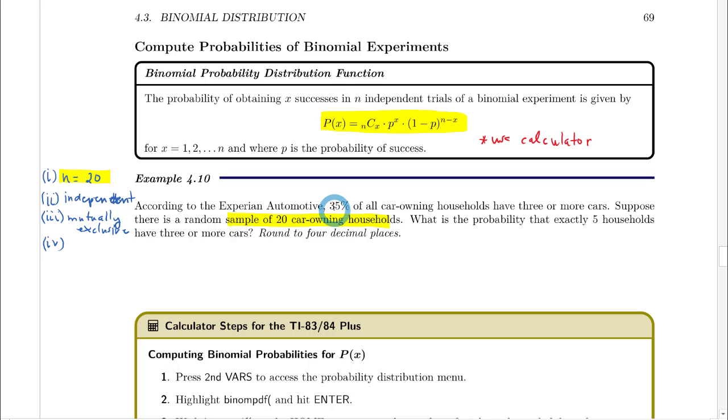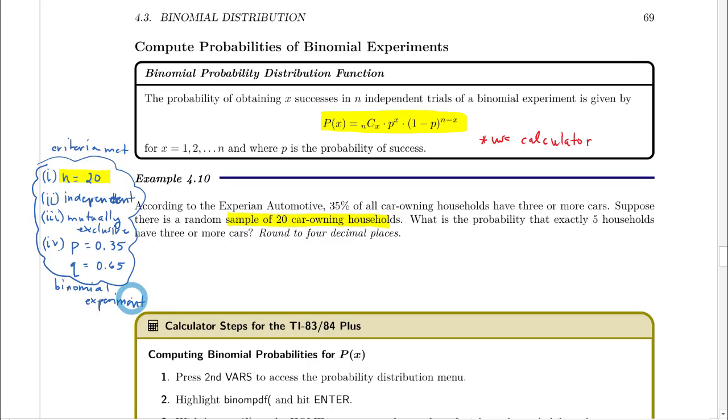So the probability of success, meaning the household surveyed owns 3 or more cars, is 35%, no matter which household you go to, which means the probability of failure is going to be 0.65. So all 4 criteria are met, and therefore this is a binomial experiment.